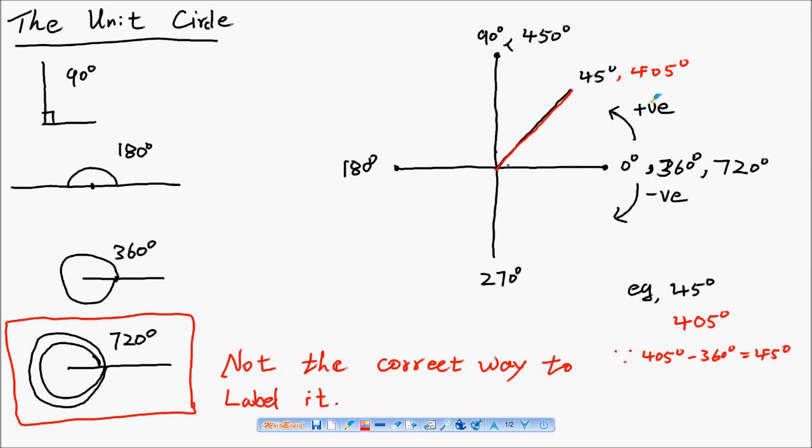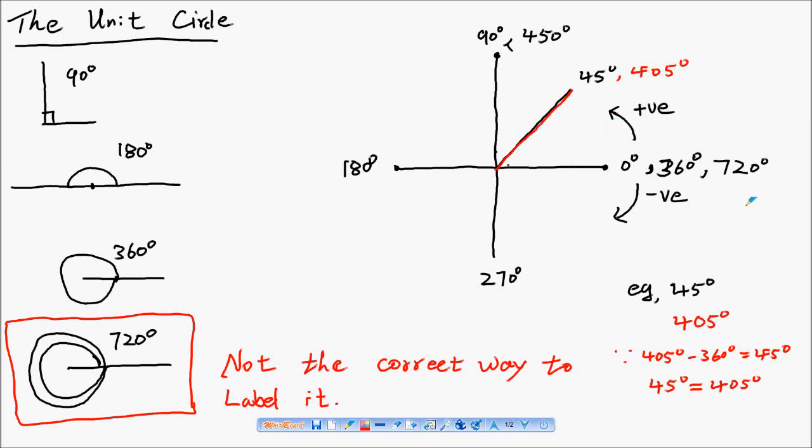So basically, in a unit circle, 405 degrees is the same as 45 degrees. And that's how we can label all the angles from 0 to infinity.